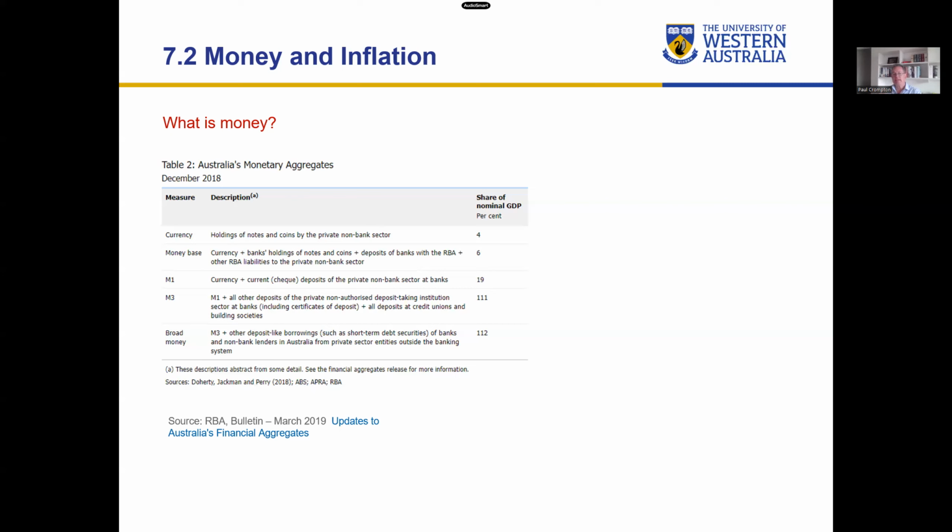If I magically doubled the amount of money in your back pocket and magically doubled the amount of money in your bank account, I've straight away doubled your potential ability to spend. And that would then lead to additional spending, which would lead to additional inflation. So money is currency in circulation and bank account deposits.